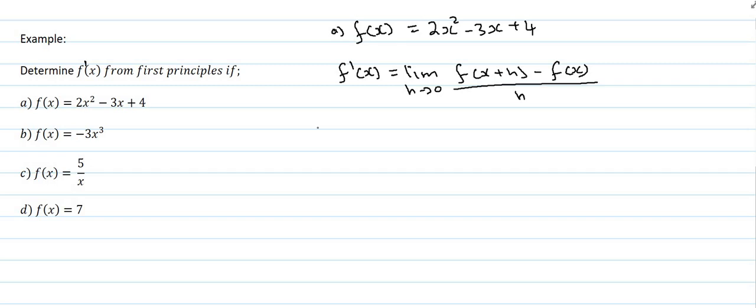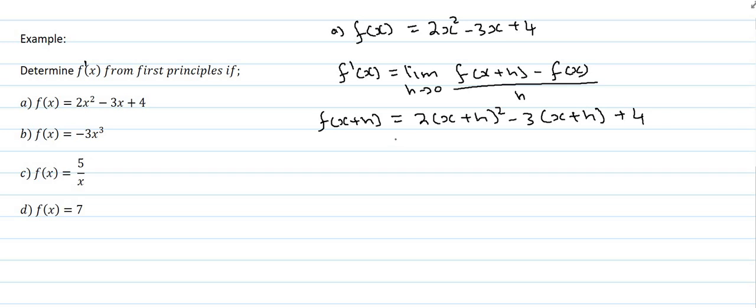So you're going to say f of x plus h, meaning where I see x in f of x, I substitute x plus h. This will be 2 into x plus h squared minus 3 into x plus h plus 4. So from the original equation of f of x, where I see x, I put x plus h.